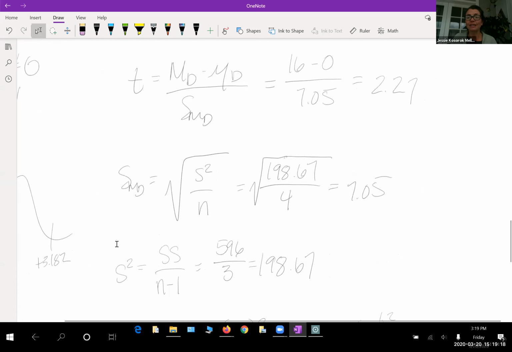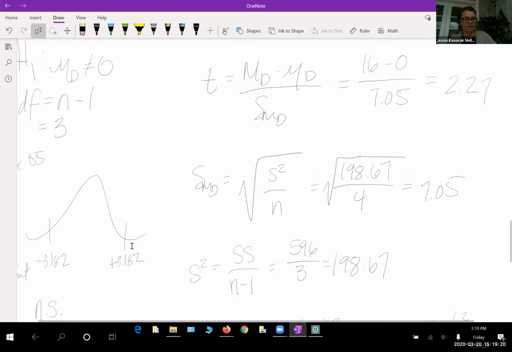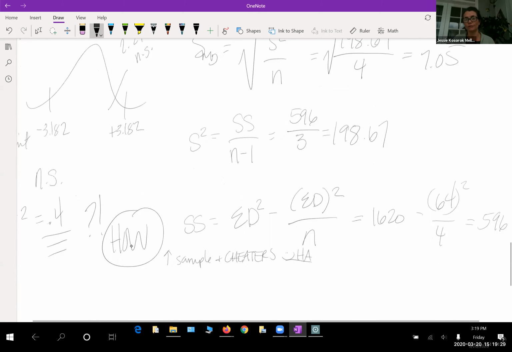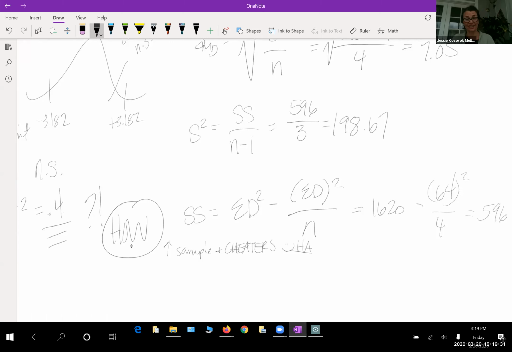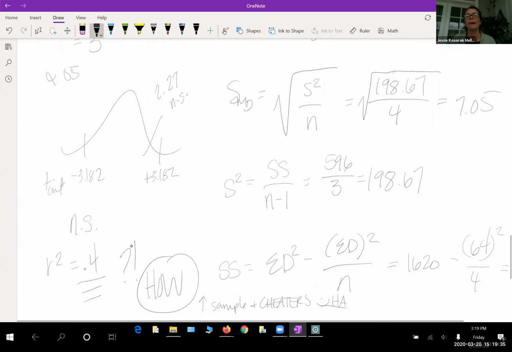But my t calculated was only a 2.27. So that 2.27 falls here. And we say, not significant. We fail to reject the null. We retain the null. It's not significant for this part.